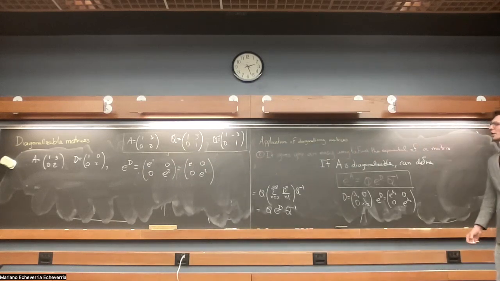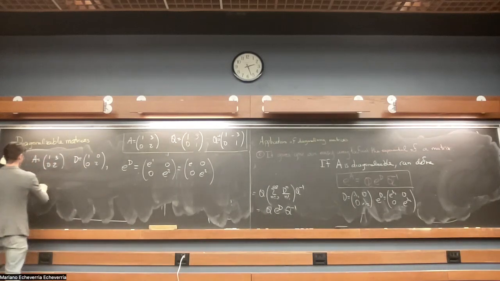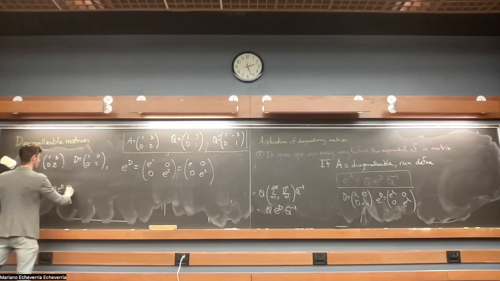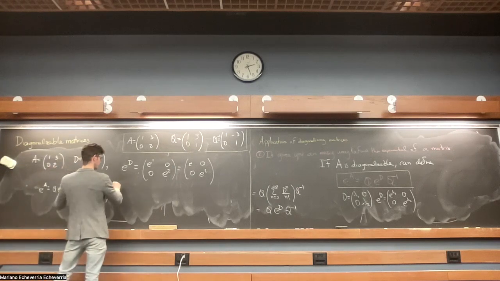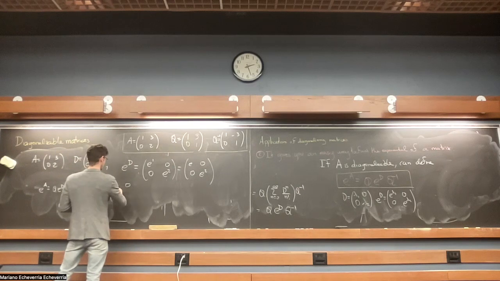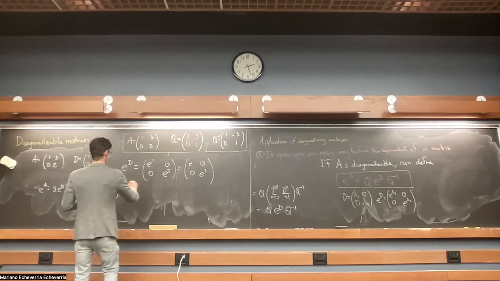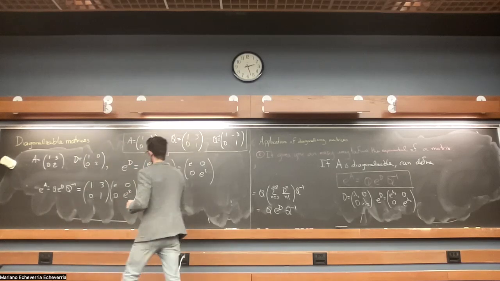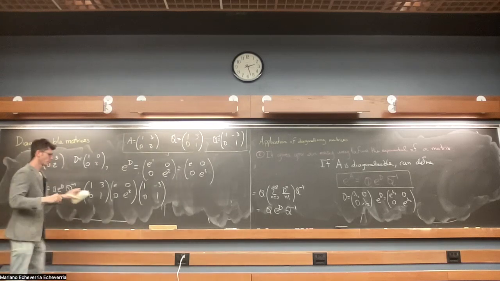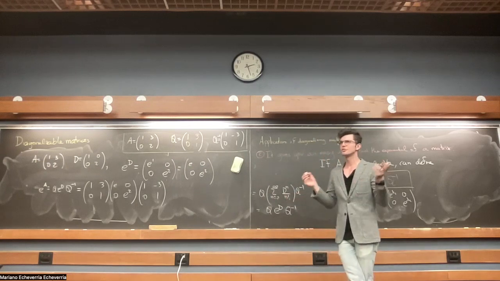And we're almost done. What's e to the A? E to the A would be Q e to the D Q inverse, where Q is 1, 3, 0, 1, e to the D is e, 0, 0, e squared, and Q inverse is 1, -3, 0, 1. Again, you just do this product.